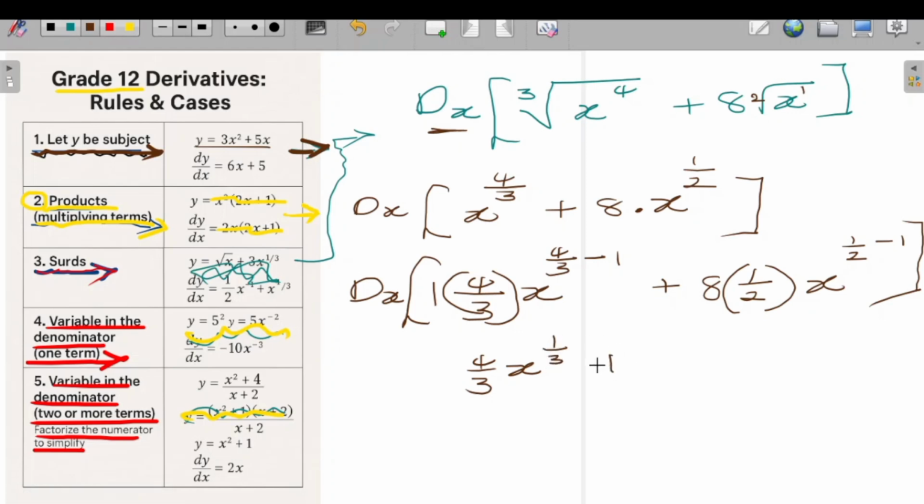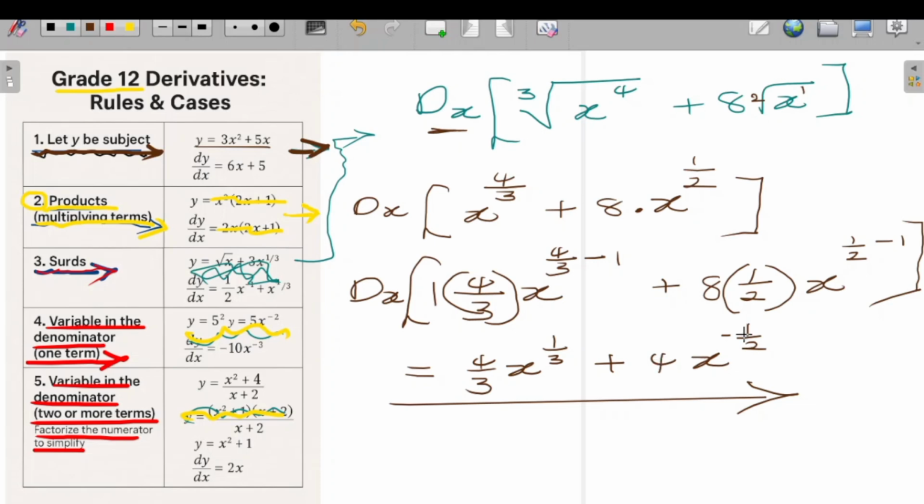And then here I have plus 4 x to the power of minus 1 over 2. If they're asking you to simplify, then you simplify. If they don't, then you just leave your answer as it is. I believe you know how to move from here and work backwards.